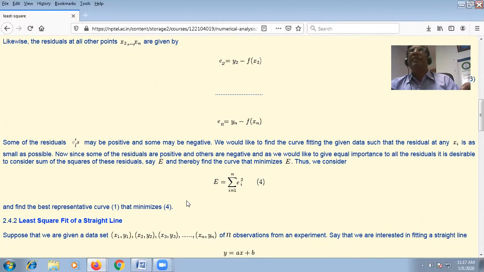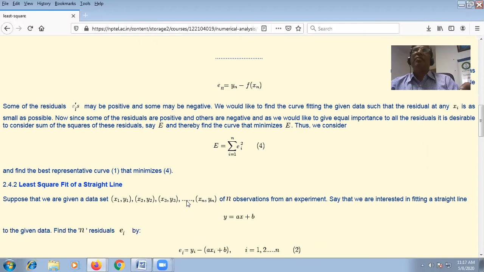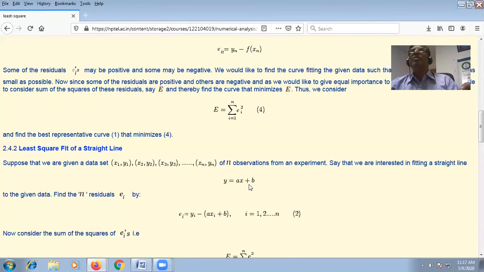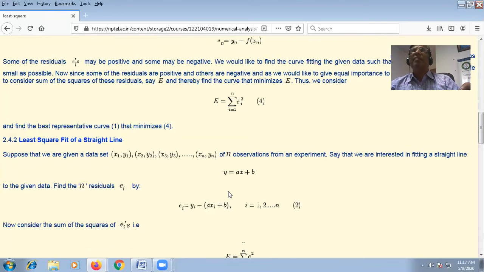I hope that you have understood what the least square method is, and least square fit of a straight line also. We can see here the equation of a straight line. You can use the same trick as has been adopted in the above example.